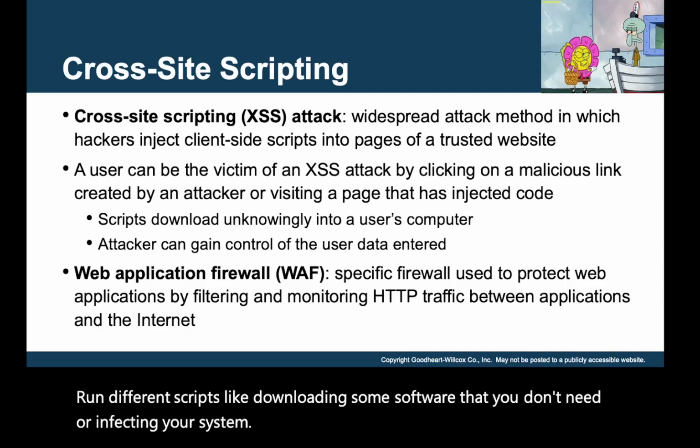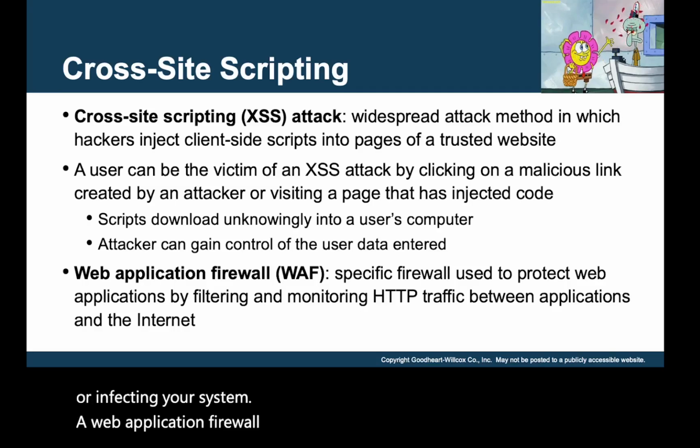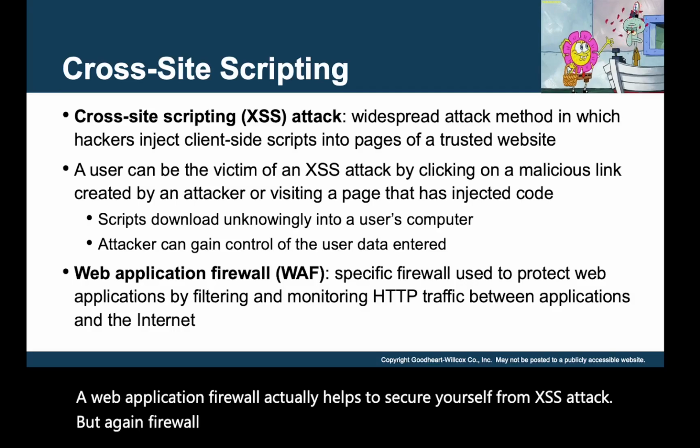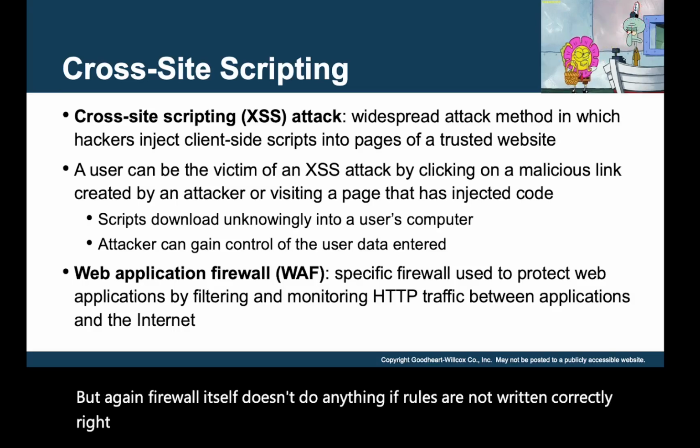A web application firewall actually helps to secure yourself from an XSS attack. But again, the firewall itself doesn't do anything if rules are not written correctly, right? Same as on a network.